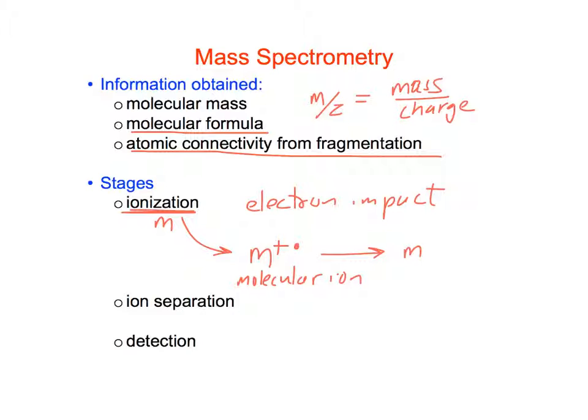So we're going to lose some piece here, and we're going to get an ion like this. So we're going to lose various fragments. Then after we do this, we have a mixture of ions, we have to be able to separate those ions, and then we have to be able to detect them. Okay, so these are kind of the processes.